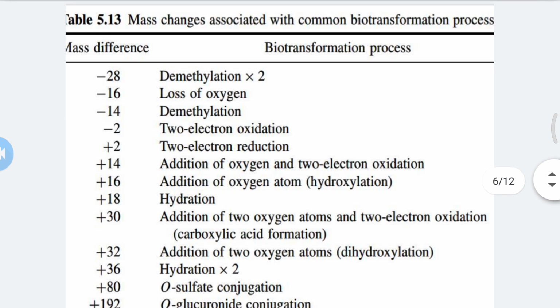Similarly, if oxygen is added, meaning hydroxylation takes place in biotransformation, the molecular weight increases by about 16. Then 18: if a biotransformation process such as hydration takes place, the molecular weight increases by 18 units.